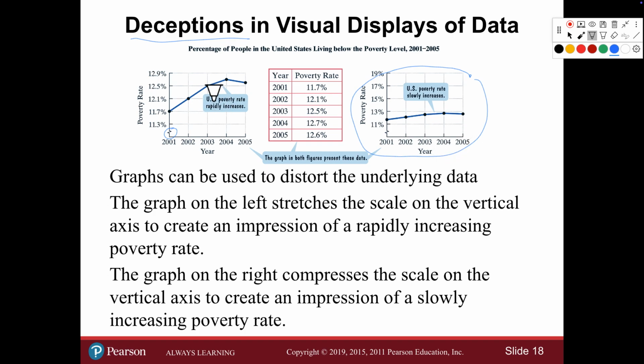If you want to emphasize, and again, we saw this in the politics, people were not lying necessarily, but how they presented their facts made maybe a small problem look big, or a big problem look small, depending upon what they're doing. Percent of unemployment or percent of inflation. Again, if you zoom in, you can make it look like a big problem. If you zoom out, you can make it look like a small problem. And so it gives you that impression.